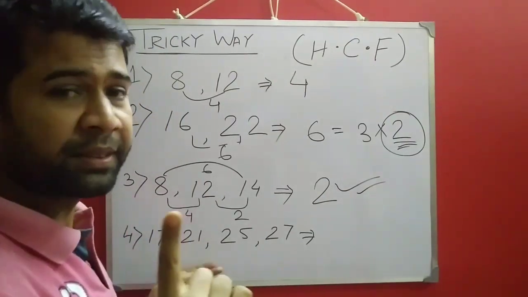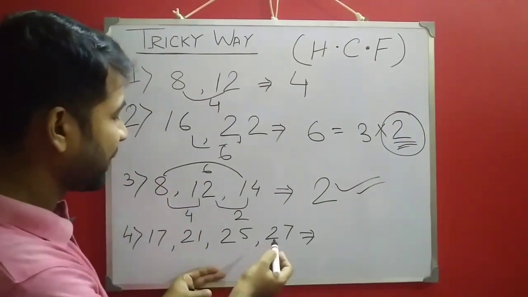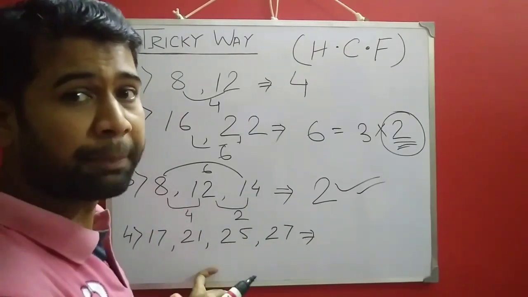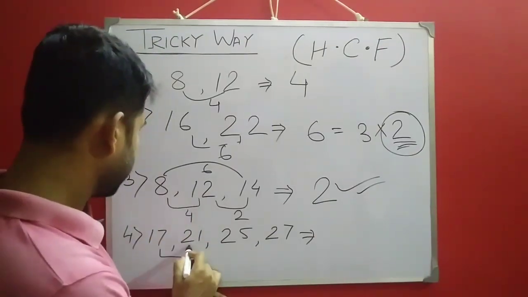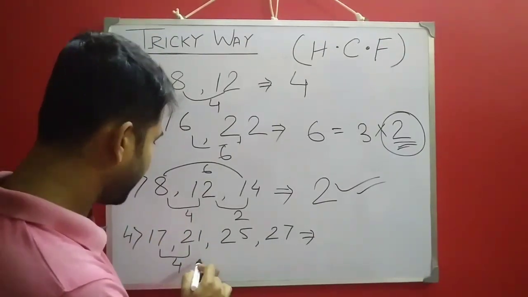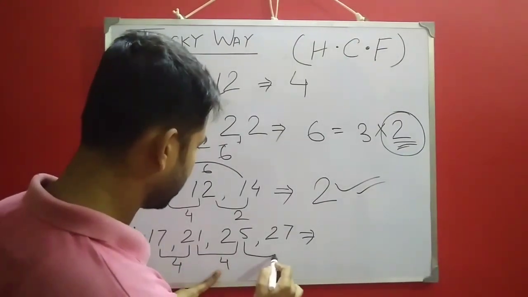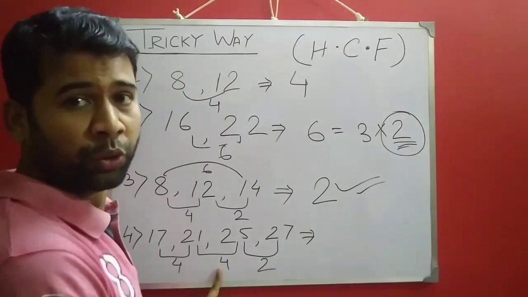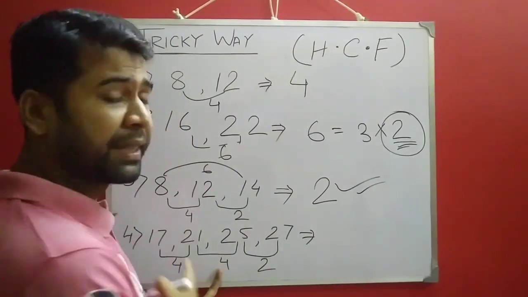And the last example is 17, 21, 25, 27. As in the previous example, we calculate the least difference, and the differences are 4, 2. So the least difference is 2, and then we check whether 2 is a divisor of 17.